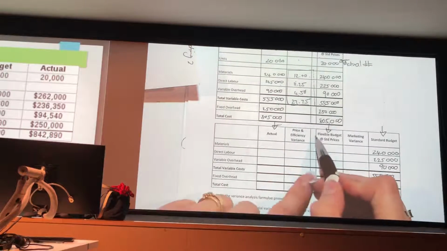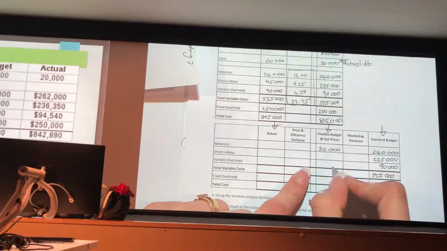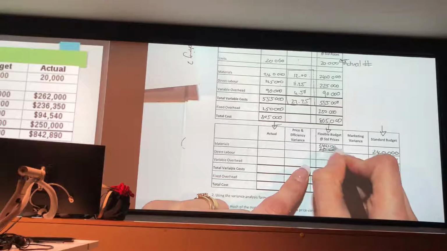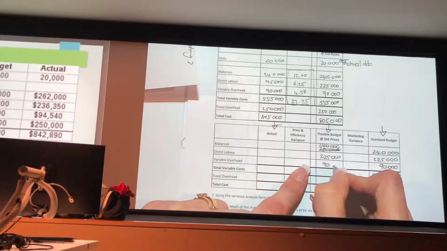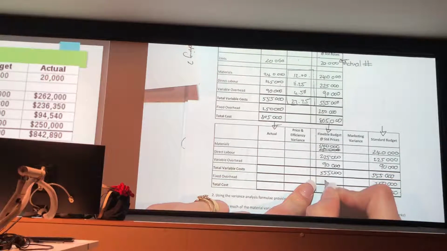Our flexible budget we've calculated above, so we can just drop it in here. Oh, sorry, 240, 225, 90... the zeros I'm counting out are just me counting the zeros.